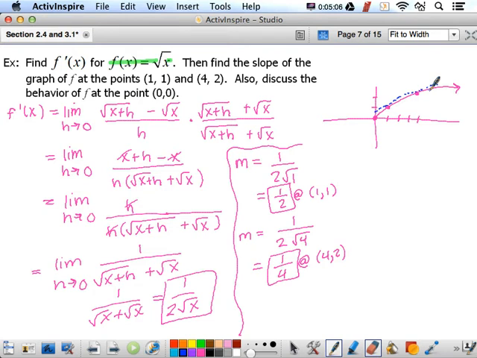And then our final question is, what's going on with the slope at the point (0, 0)? What do we get there? If we get 1/0, what do we get? Undefined. The slope at the point (0, 0) is undefined. Here's why. Here's my point right here that I'm questioning.